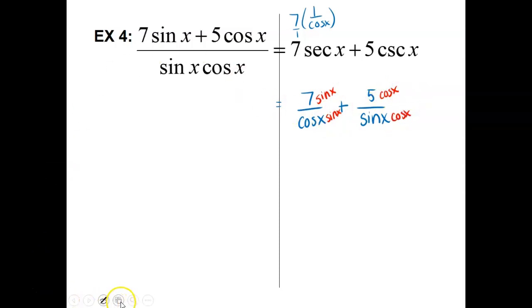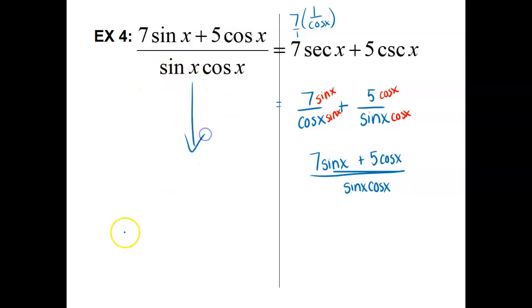And so we've got 7 sine x plus 5 cosine x over sine x times cosine x. Look at the other side. They match, right?